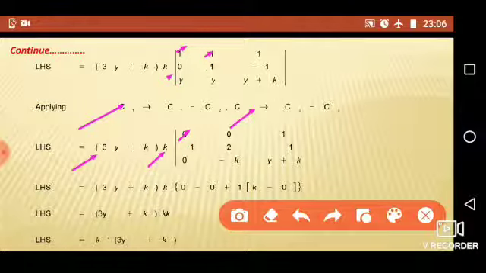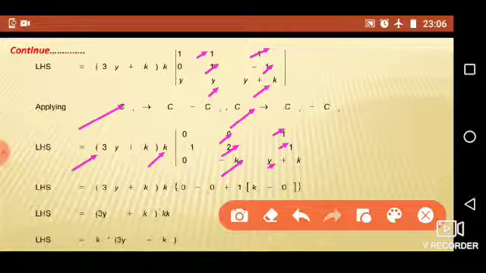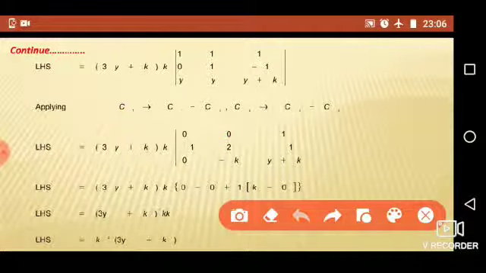Similarly, we subtract the corresponding elements of the second column and third column. 1 minus of plus 1 is 0 again, 1 minus of minus 1 is plus 2, and y minus of y plus k gives minus k. Remaining elements of the third row remain same. Now my dear students, here in the first row we have the maximum zeros in a determinant.